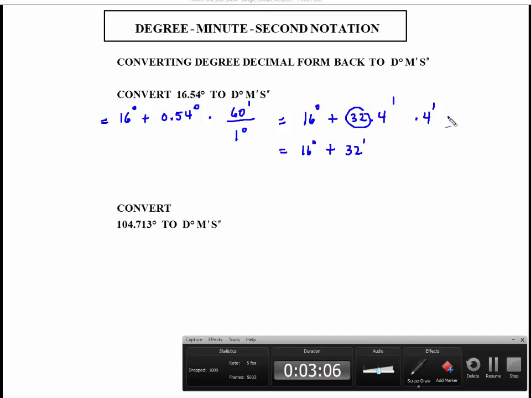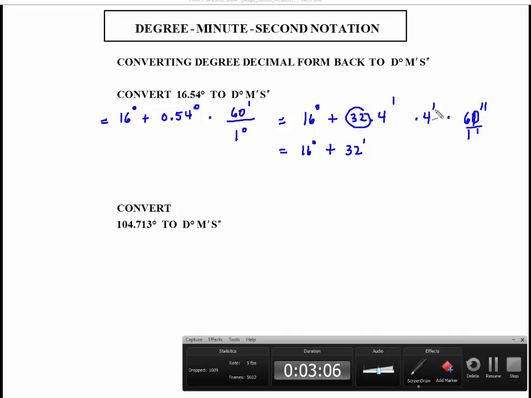Don't go to your 3,600 here, because remember, for every 1 minute you have 60 seconds. Sorry, I'm kind of doing this one late at night. So this is 0.4 times 60.